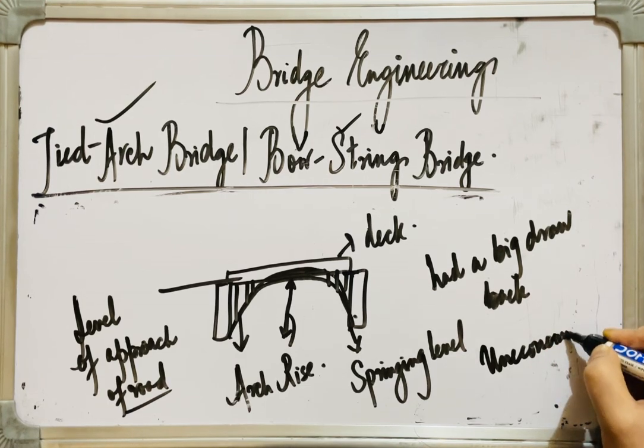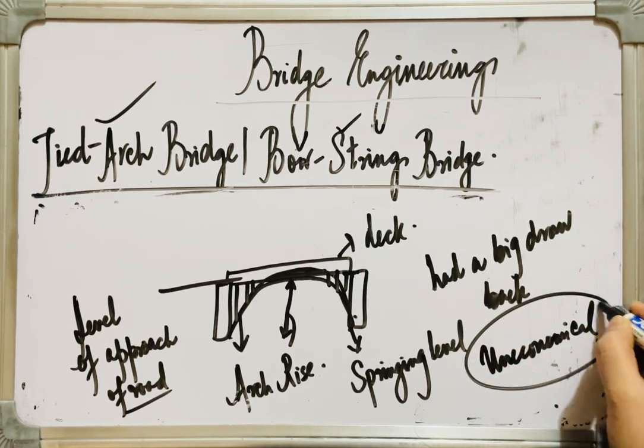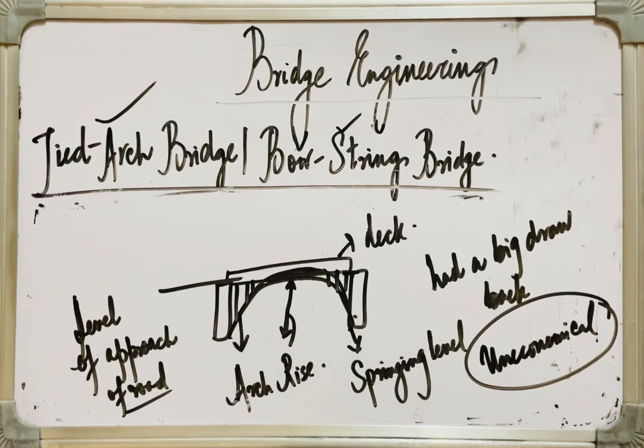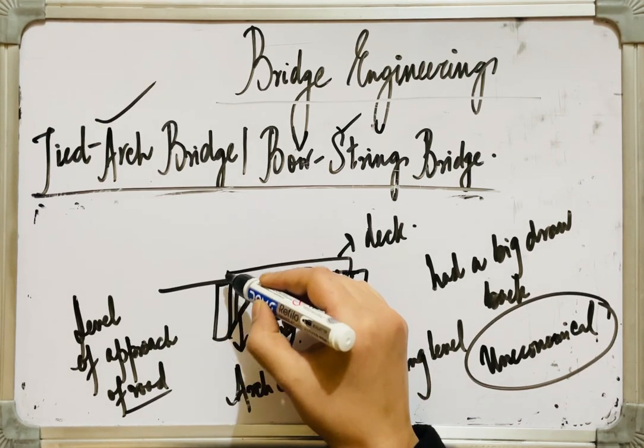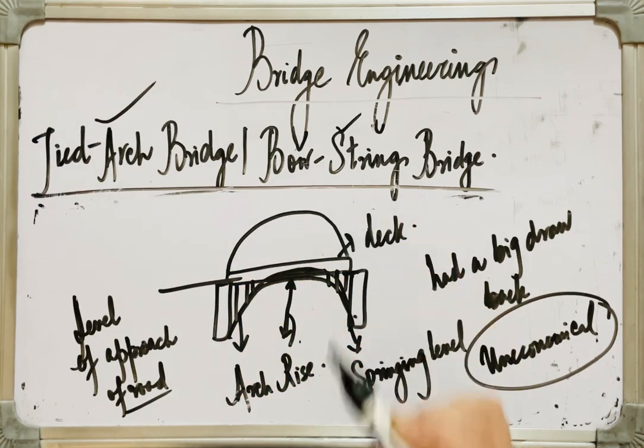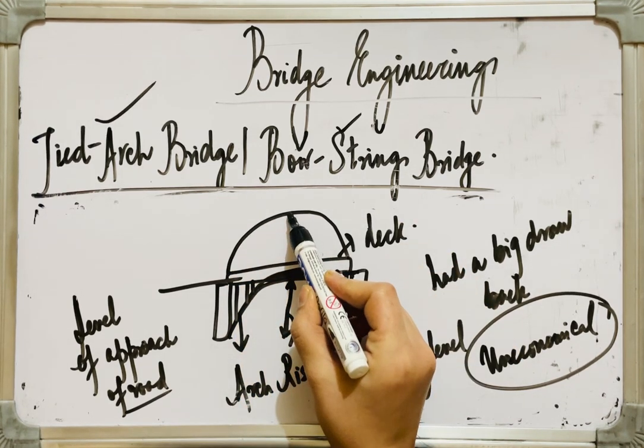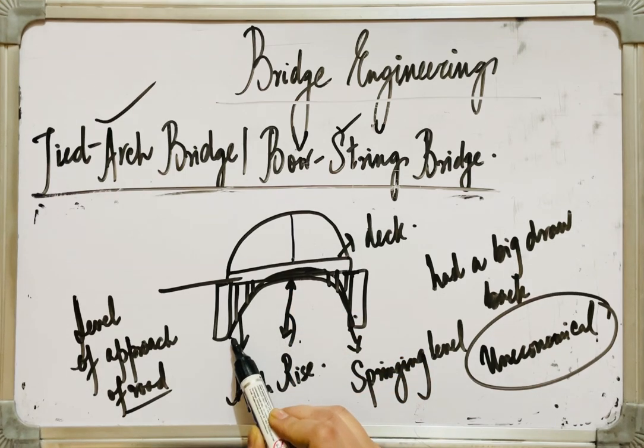But here in case of a tied arch bridge, no such drawback is present. Why? Because the arch is not placed beneath the bridge deck, rather it rises above the bridge deck. Hence the problem of accommodating its rise between the springing level and the formation level is not a challenge in case of a tied arch bridge.